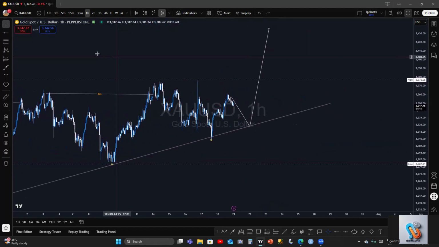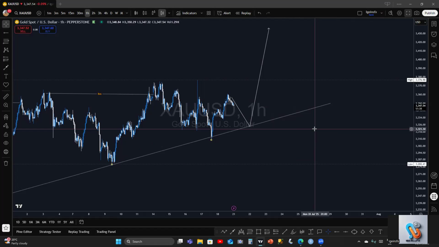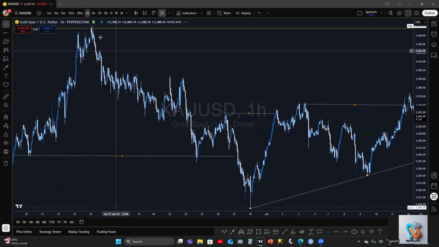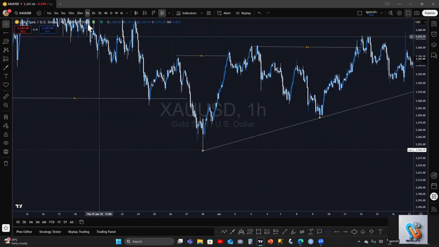So as far as gold USD is concerned, we are bullish. We've been bearish, then this bearish move has ended.